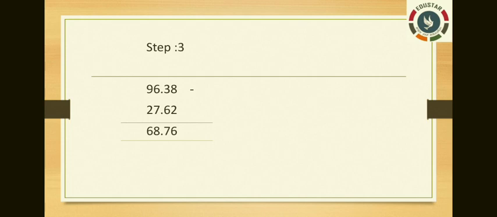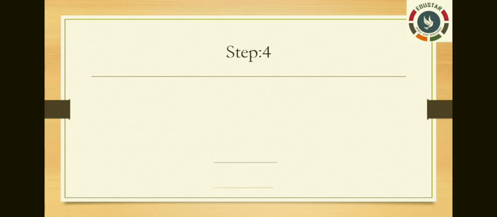Final step, step 4, add the two decimal numbers, 68.76 and 25.47, the step 2 answer plus the step 3 answer. Now you add the two decimal numbers, we will get 94.23.